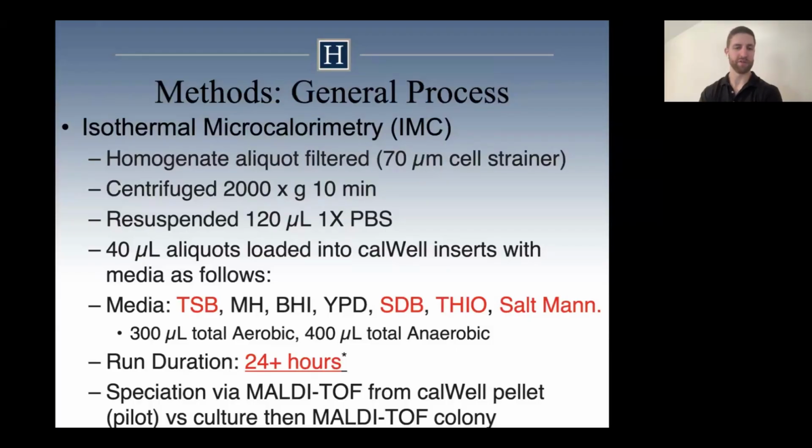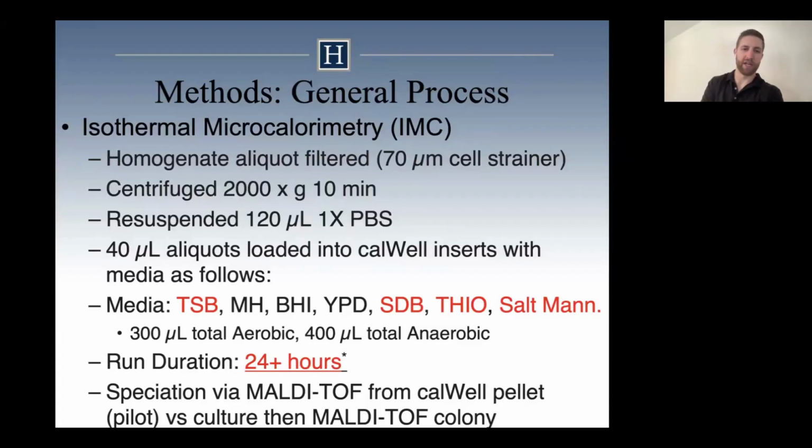TSB was used on every sample as our baseline aerobic enrichment media. We chose TSB in comparison with MH because it seemed like it was the best for bacterial growth, and we wanted to test the limits and see if we could increase the speed while reducing the time to detection overall.